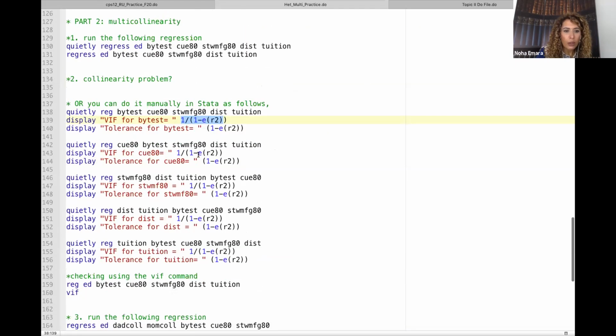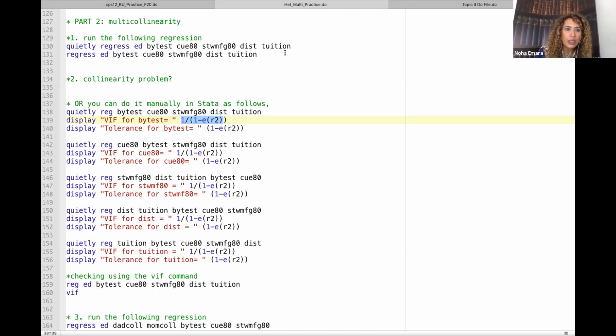It's 1 over 1 minus the r square of a regression that starts with one of the x's. So let's say I have this model, this is my main model. I'm trying to find out whether education is affected by a certain test and a group of other factors, including tuition, distance to college, and so on.